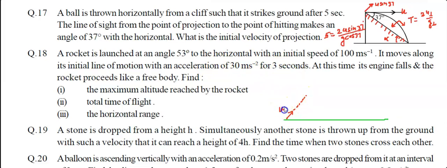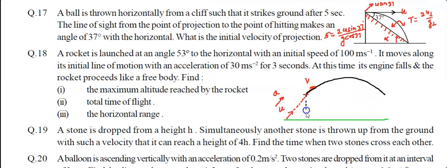For that, initial velocity is given to us and a is given to us. Once this rocket goes here, its engine is off. That means it free falls, so it will get a certain velocity at this instant of time. This velocity will behave like a projectile velocity, and then it will move like a projectile downside.